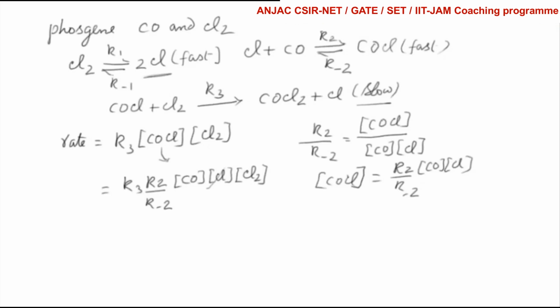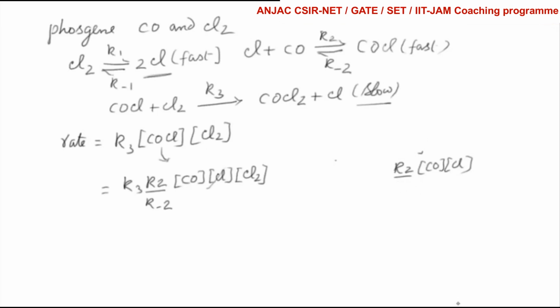Apply this equilibrium constant, K1 by K minus 1. Write down the equation, tell me, let's see. K1 by K minus 1 is equal to the concentration of chlorine atom square by the concentration of chlorine molecule.